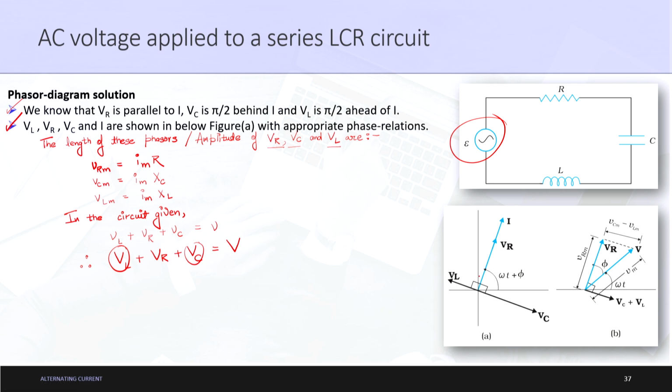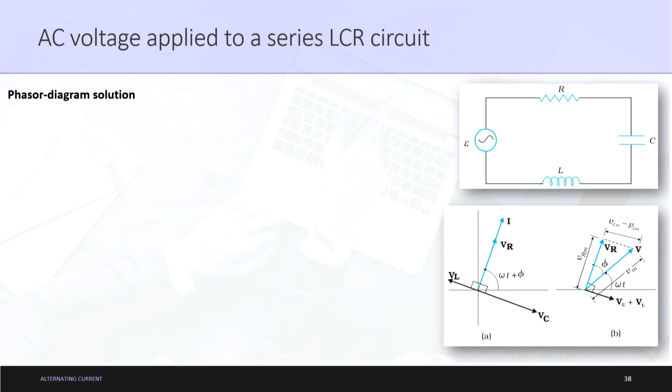So, that being said, see this diagram clearly. So, here what is actually happening? VC plus VL we denoted like this, correct. So, this is just the phasor diagram, but actually magnitude-wise its value is nothing but VCM minus VLM. I hope it is clear to you, right.